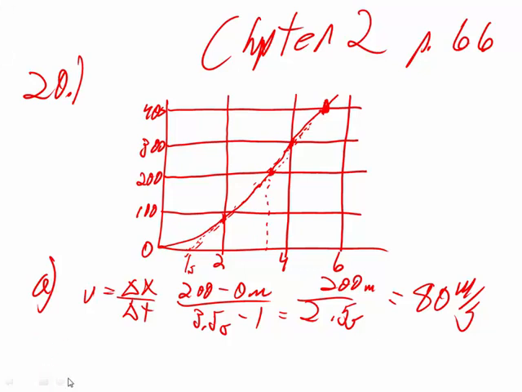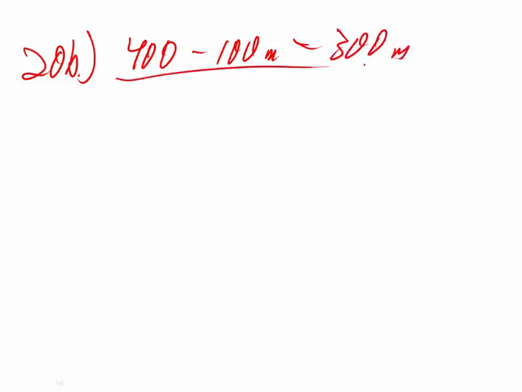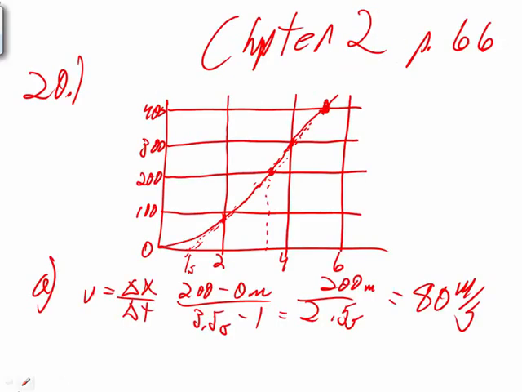So that's going to be 400 minus 100 is equal to 300 divided by, and we've got what? It was 4 seconds down to what? All the way down. So it's 5 seconds. That's 5 seconds, all the way down to 2 seconds. Yeah, 2 seconds.